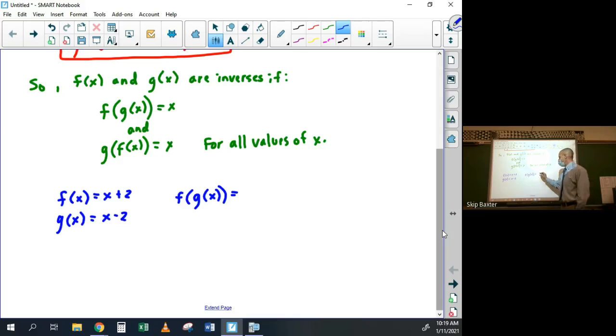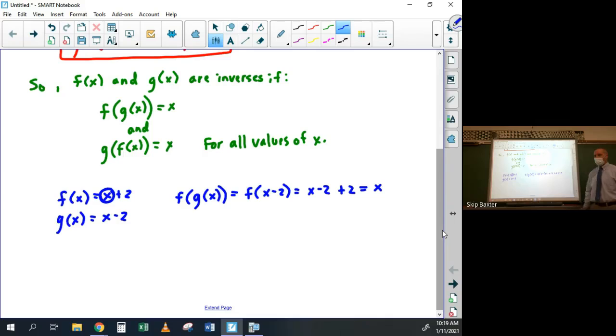If I do that, I get f of, remember you start from the inside and work your way out, f of x minus 2, which would be x minus 2 plus 2. I just substituted x minus 2 into this function for x right there. And I get x minus 2 plus 2, which is x itself. So far, so good.